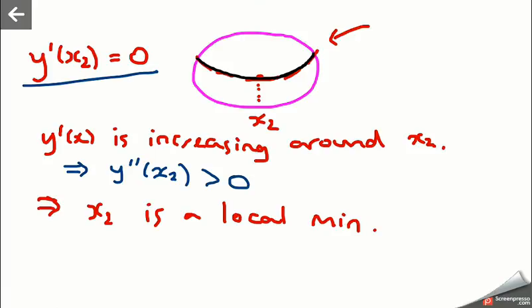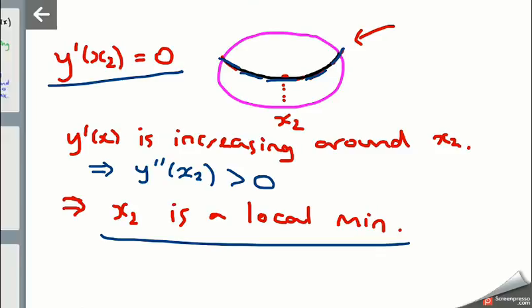If the slopes of the tangent lines are 0 at x2 and y prime of x is increasing around x2, it can only mean that first the tangent lines are getting less and less negative, and then finally they reach 0, then they start getting more and more positive. So the function must have that kind of shape. And so x2 must be a local minimum at the bottom of that little valley.